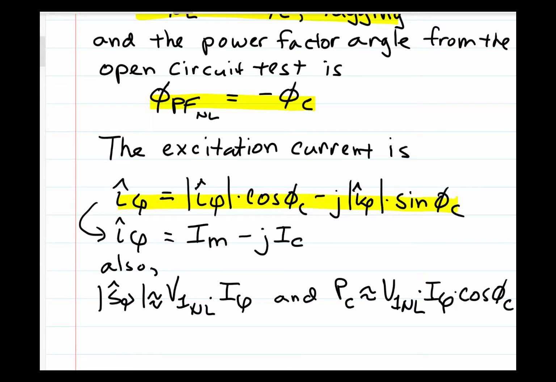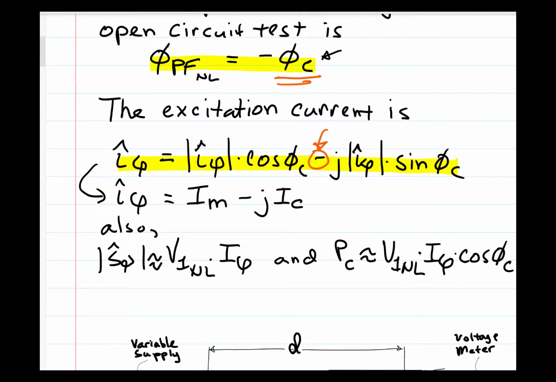Now this expression here doesn't use a power factor angle, it uses phi sub c. But we recognize that there's a negative conjugate relationship between these two angles. And so that's why we have this negative sign right here. And that would make sense because we have an inductive load represented by this expression here.